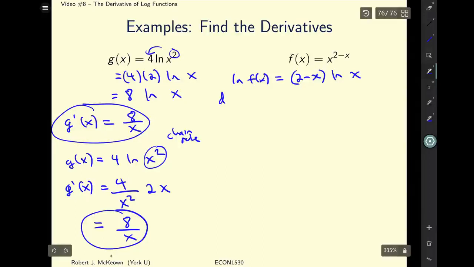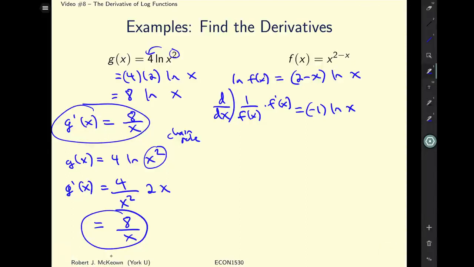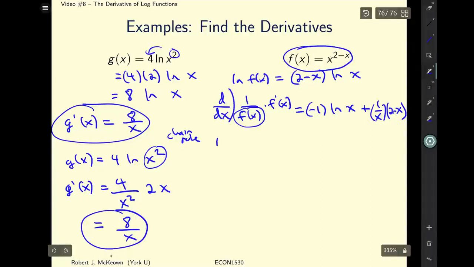Now I want to differentiate this whole thing with respect to x, and I get 1 over f of x times f prime x, which is equal to -1 times log x plus 1 over x times 2 minus x, and then replace this thing with what it's actually equal to.